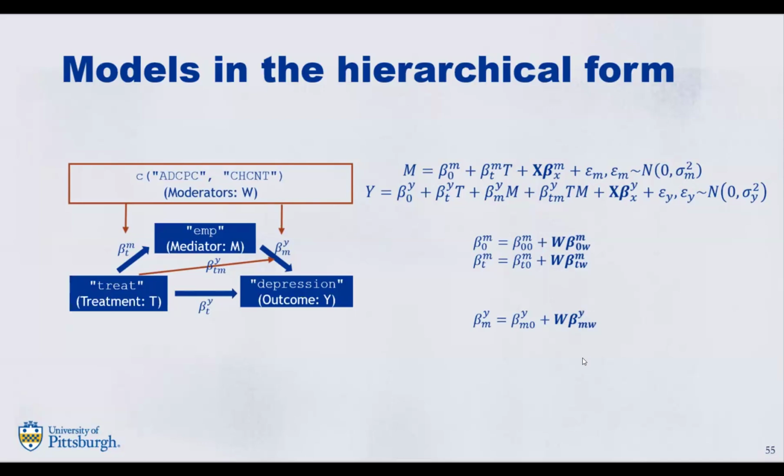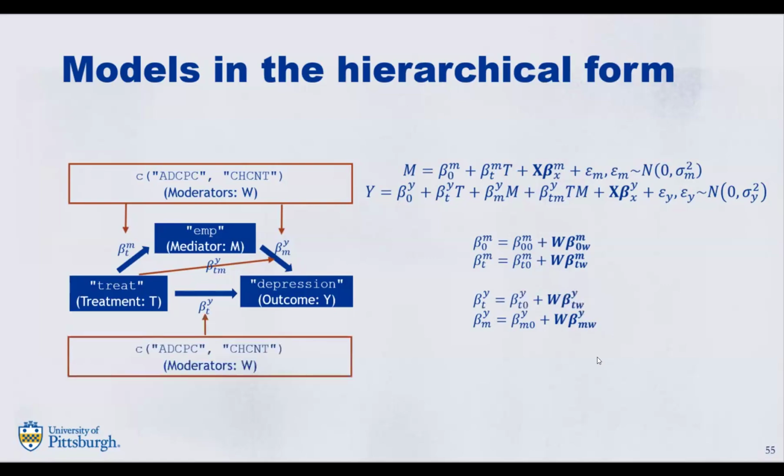So these are based on theoretical reasoning. Theoretically, I argue that the relationship between employment and depression may depend on the baseline welfare amount and number of children. That's why I write the coefficient of the mediator in the outcome model as a function of the moderators.